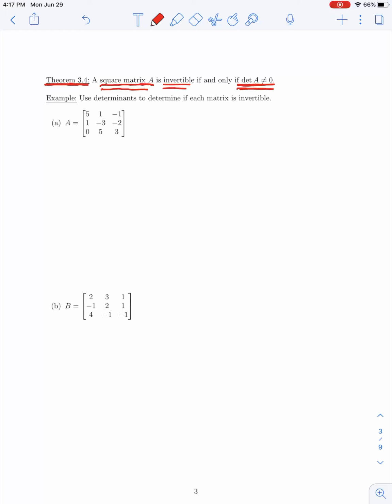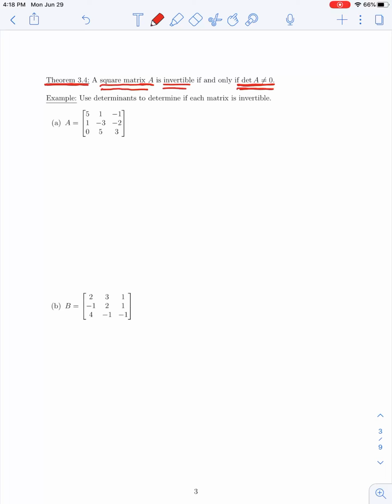So let's look at the following problem. Here we are asked to use determinants to determine if each matrix is invertible. So here in part A, we have the 3x3 matrix, and we could make use of row reduction here.